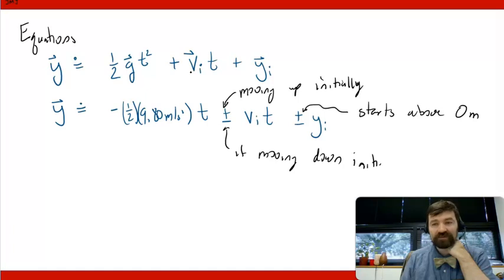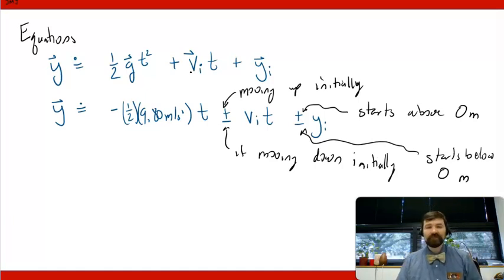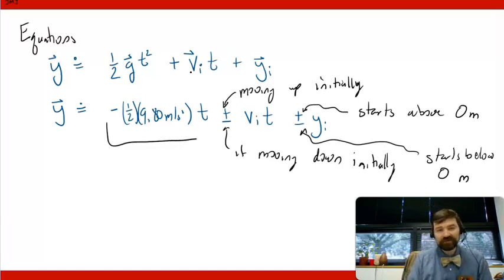And likewise, the other minus sign is if it starts below 0 meters. But this term right here is negative 4.9 meters per second squared regardless, of course, as long as it's on Earth. Okay, so that is the basics of free fall motion.